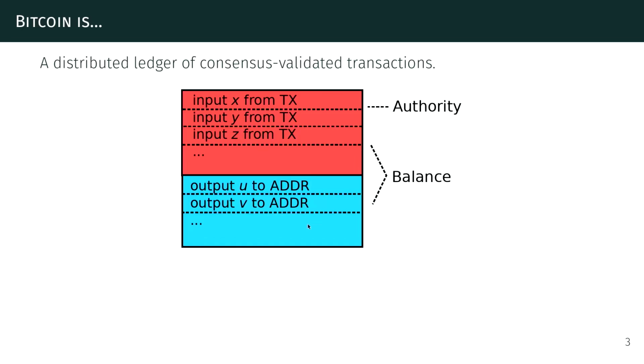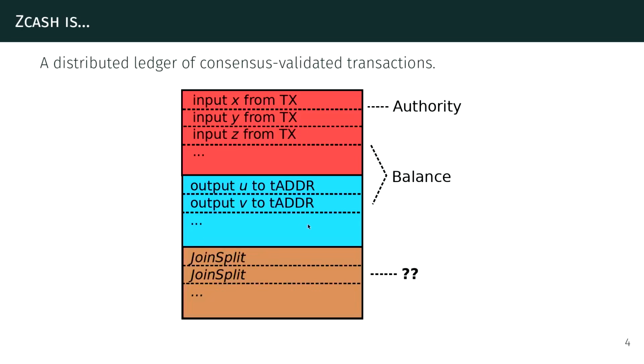Now, like I've already alluded to with Zcash, the picture looks almost exactly the same, except there's a new block at the end of the transaction that adds some things called join splits. And what these are and how you can verify and prove their validity is the main topic.